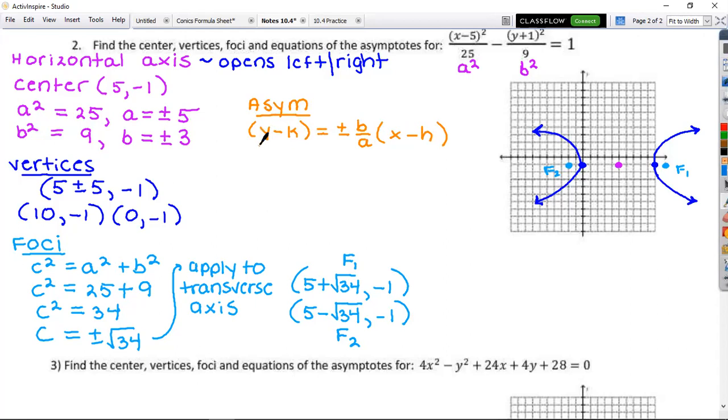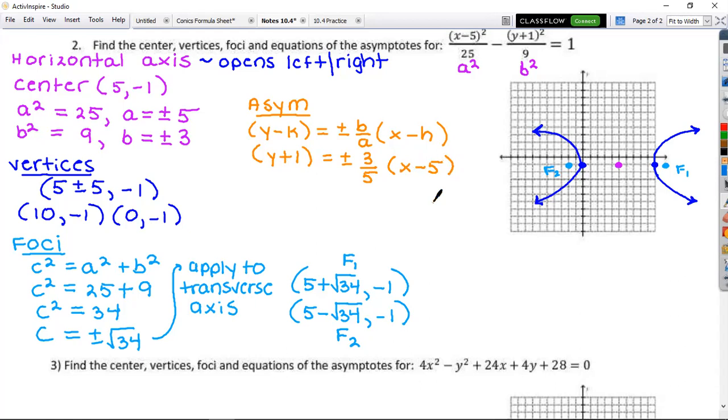So I am going to go here, y plus 1 is equal to plus and minus, the b value was 3, and the a value was 5, and then you're going to go x minus 5. And then you just leave it like that.